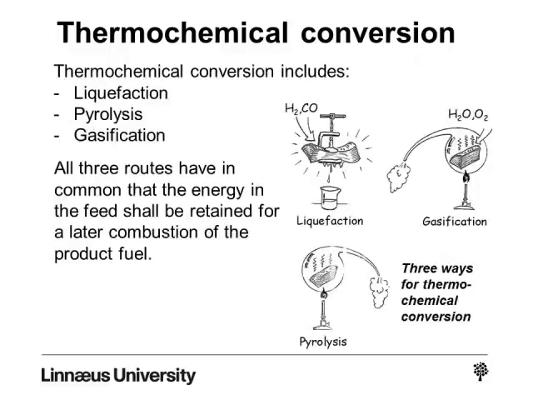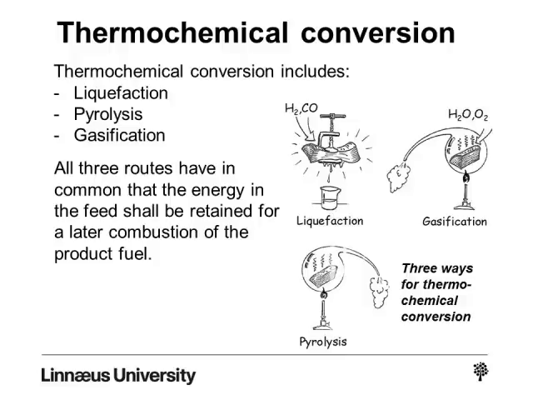To summarize the thermochemical conversion processes, we can say that basically we have three different thermochemical conversion processes. It's liquefaction, pyrolysis, and gasification. But all three have a number of things in common. One is that the energy in the feed shall be retained for a later combustion of the product fuel.